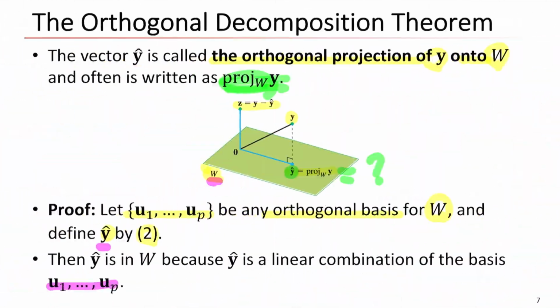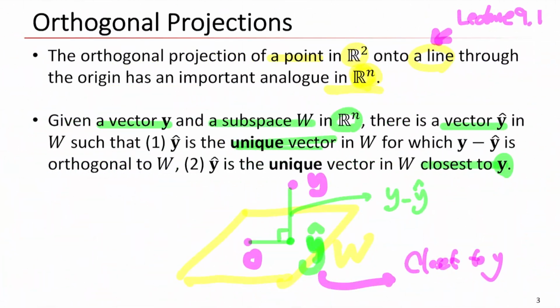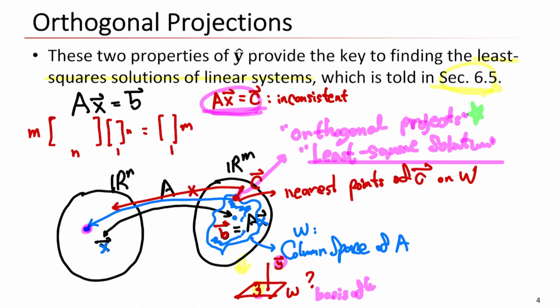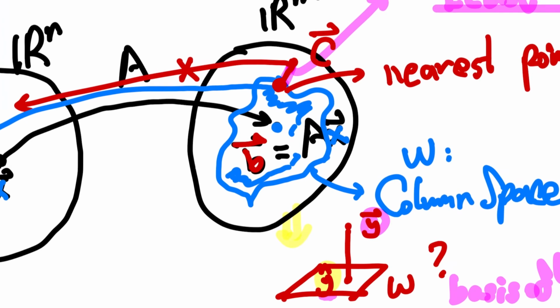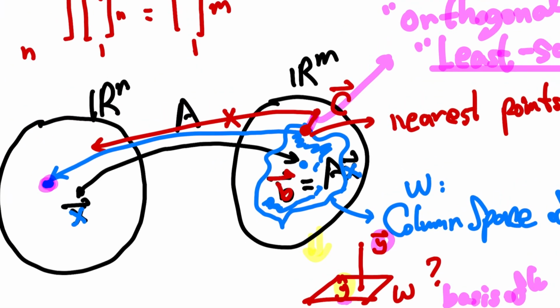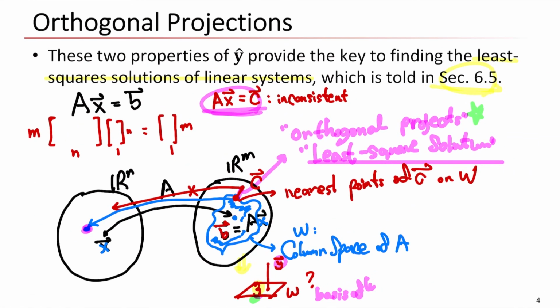But if I summarize this lecture, please remember this figure. So now we can represent y hat using the given y and the basis of this space W, right? So why do we need this?